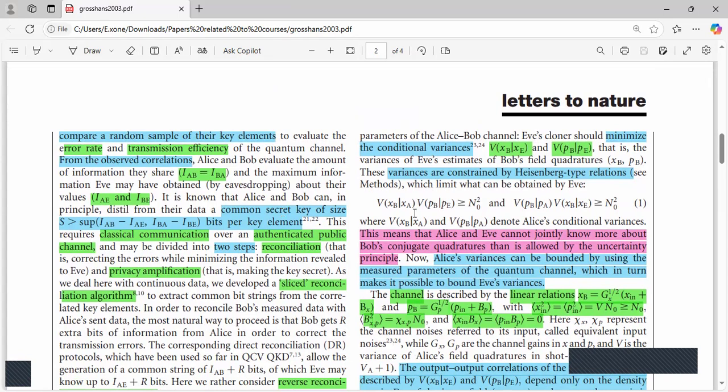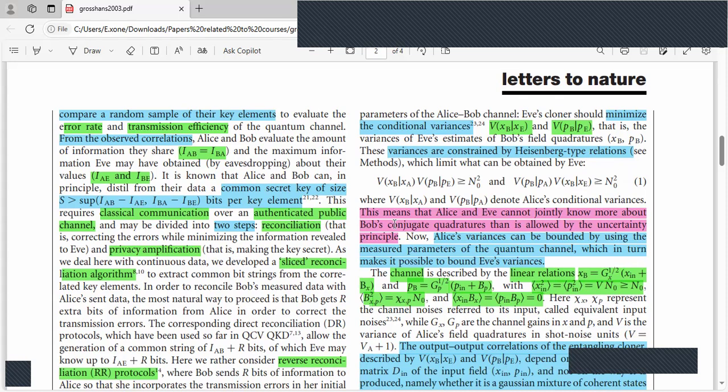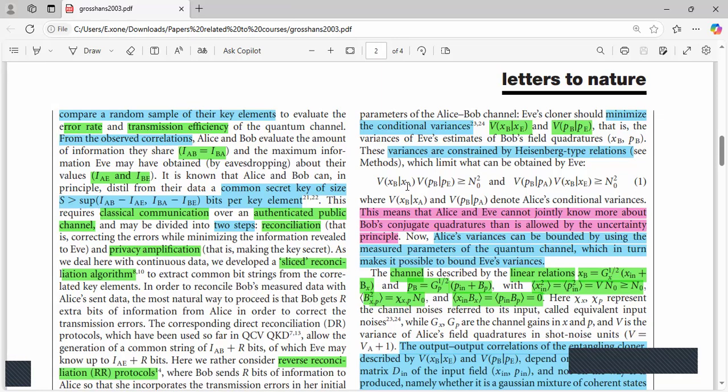This deviation is shown by the conditional variances, and these have to be estimated from the perspective of Eve. The authors have shown by mathematical methods that these conditional variances on Bob's data, given Alice and given Eve, follow an uncertainty relation. This uncertainty relation says that Alice and Eve cannot jointly know more about Bob's conjugate quadrature than is allowed by the uncertainty principle.